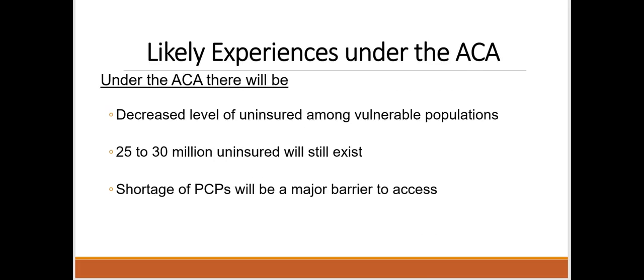All right, so the next couple of slides are still covering the same thing. Again, there's this decreased level of uninsured among vulnerable populations, which is great. There is still a significant population that is uninsured. And again, we've spoken about the shortage of primary care physicians.